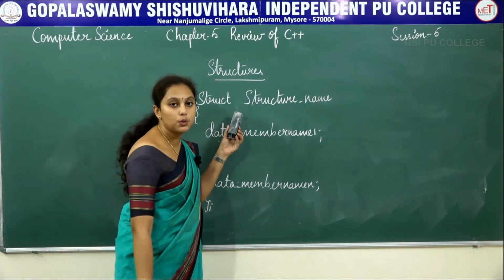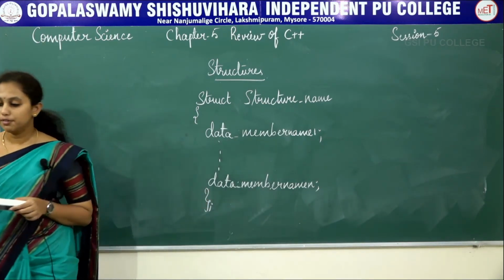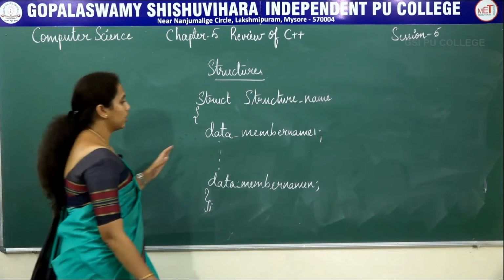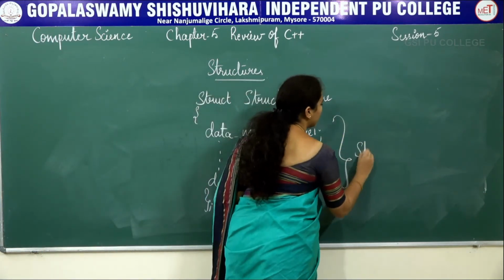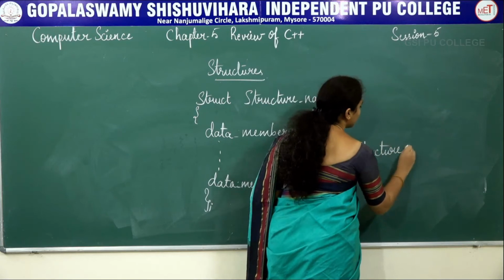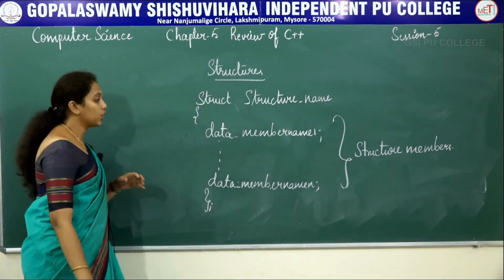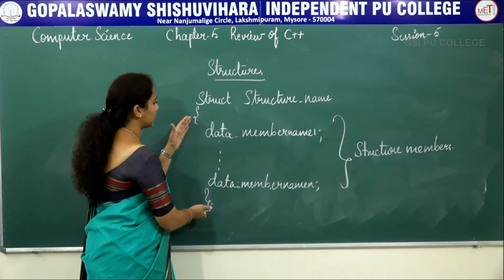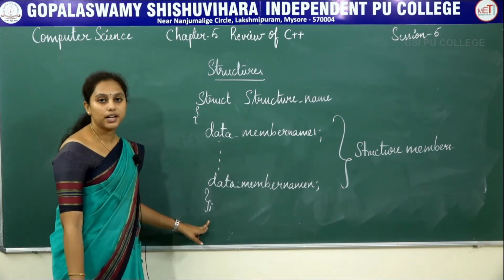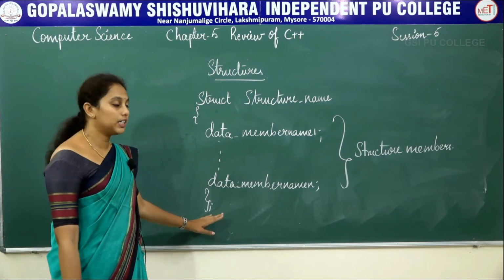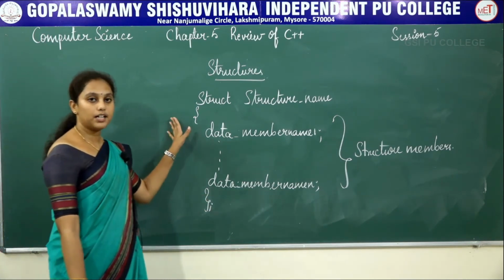Defining a structure starts with the keyword struct followed by the name, and the pieces of data which make up the structure are called data members, or structure members. They are grouped within open and close braces. At the end it should terminate with a semicolon to indicate the end of the structure definition.